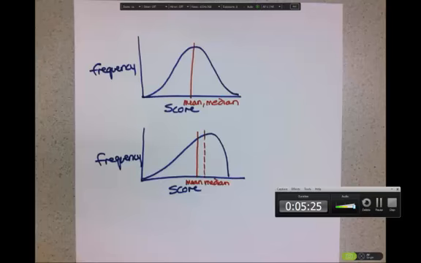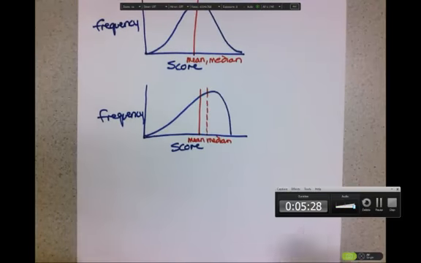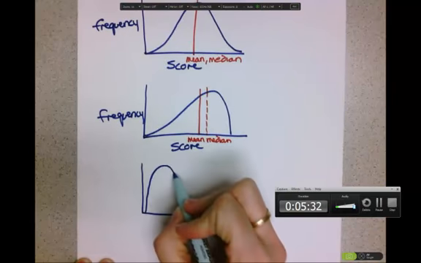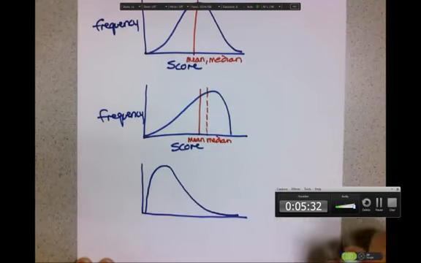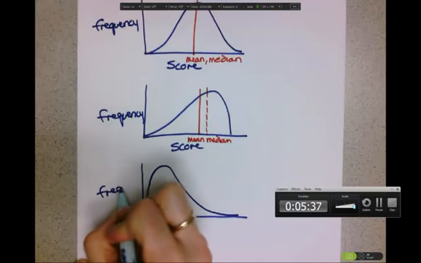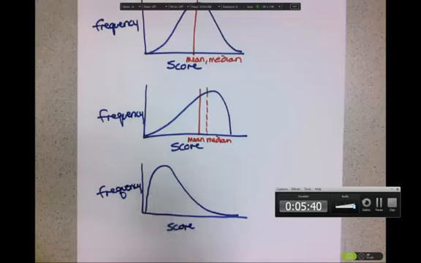When we have data that has a right skew, or it's positively skewed, a similar pattern is going to follow.